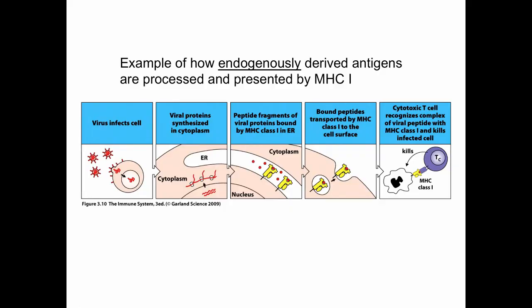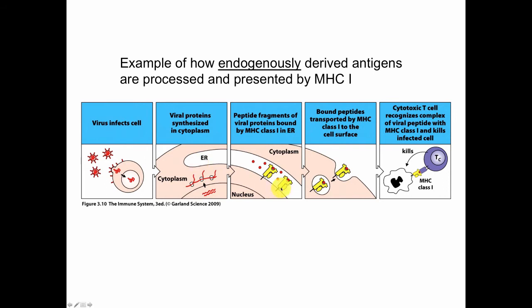As I mentioned, there are these two main classes of MHC molecules, MHC class 1 and MHC class 2. It turns out that these classes process and present peptides derived from different sources. MHC class 1 molecules present endogenously derived antigens, meaning proteins that are made and present within the cytoplasm of an antigen-presenting cell. An example of where this would be immunologically important is if a virus infects a cell, and viral genes are transcribed and translated and new proteins are made.